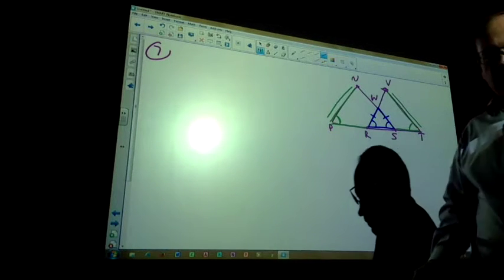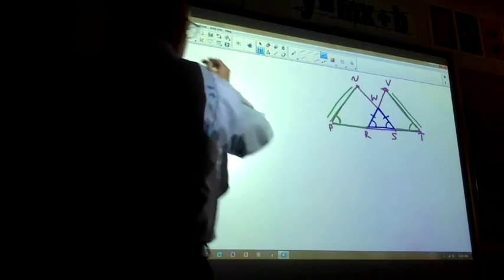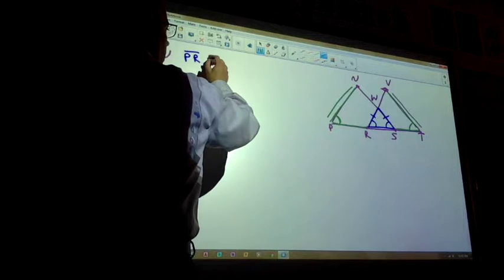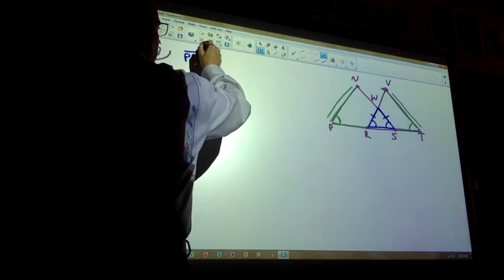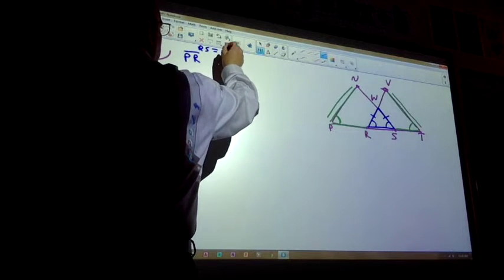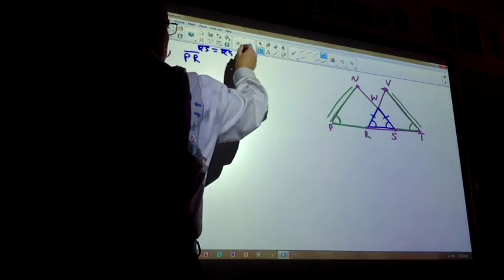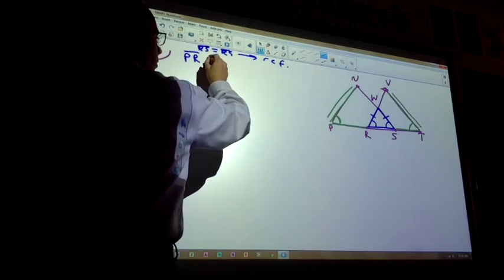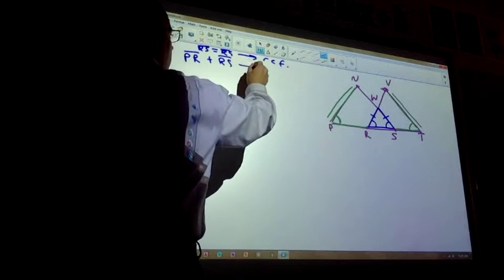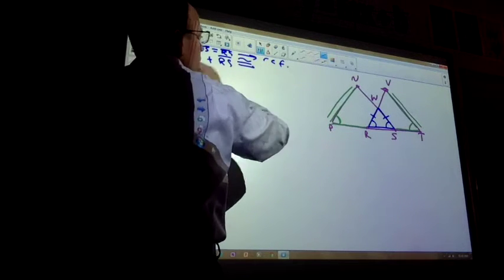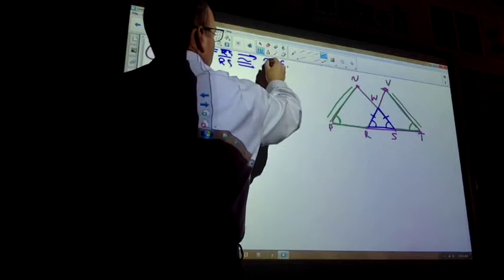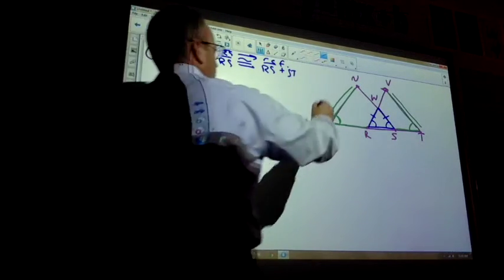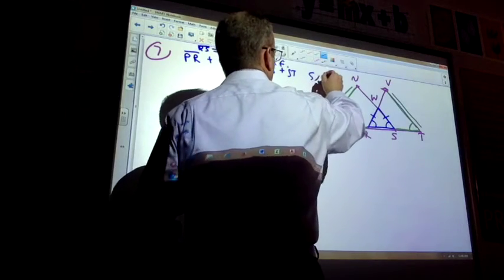I think the important thing to know is our first step would probably say that RS is congruent to RS. That's our reflexive. And then I can say PR plus RS is congruent to RS and ST. And that's kind of a segment addition postulate.